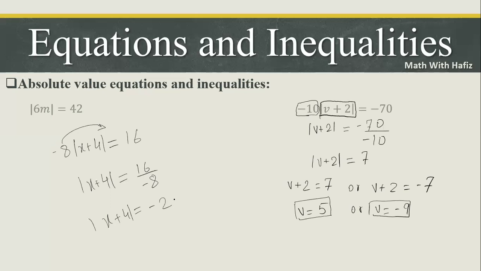In this case, the absolute value function is equal to a negative value, which is not possible, so there is no solution. Why no solution? Because the absolute value operator cannot give you a negative answer.